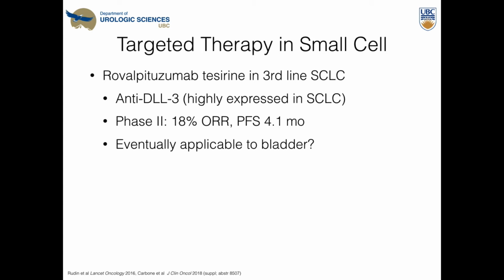They had an 18% overall response rate. This drug, rovalpatuzumab, is a DLL3 antibody, and DLL3 is a protein in the Notch pathway, and that's about all I understood. It's shown some efficacy in lung, and they plan to eventually carry it forward to phase 3 trials. Potentially this could eventually be applicable to bladder.